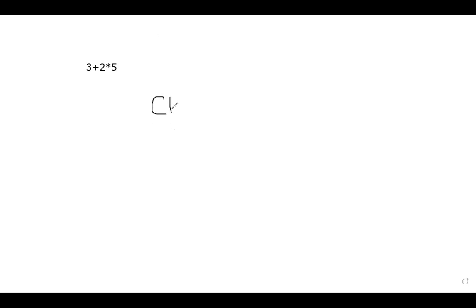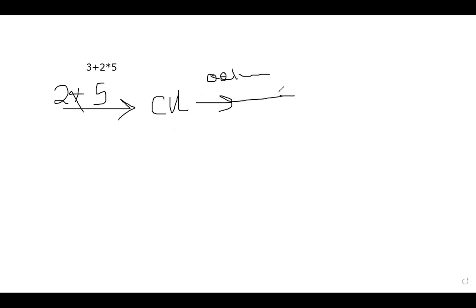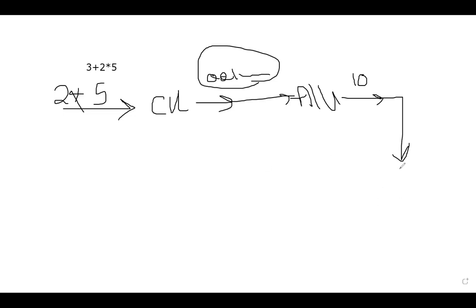So the CU will fetch 2 multiplied by 5. Then it will be decoded to 0, 1, 0, 1, and so on. Then send it to ALU. ALU, based on the code, will decide to multiply and find out the result, which is 10. That 10 will go to the memory.